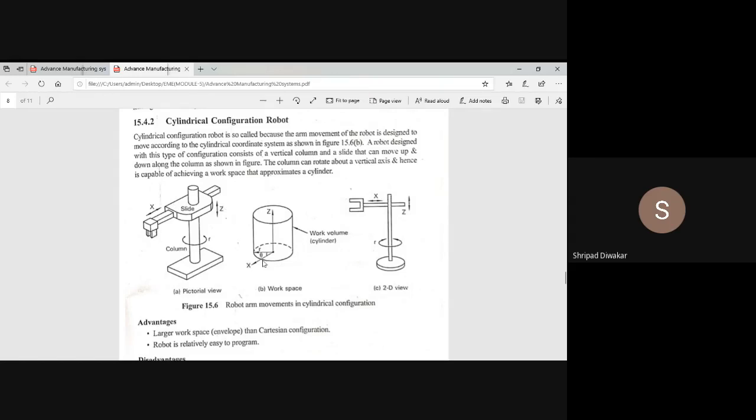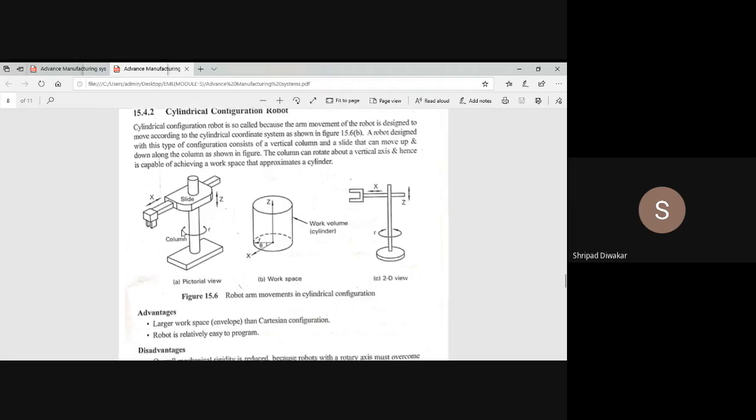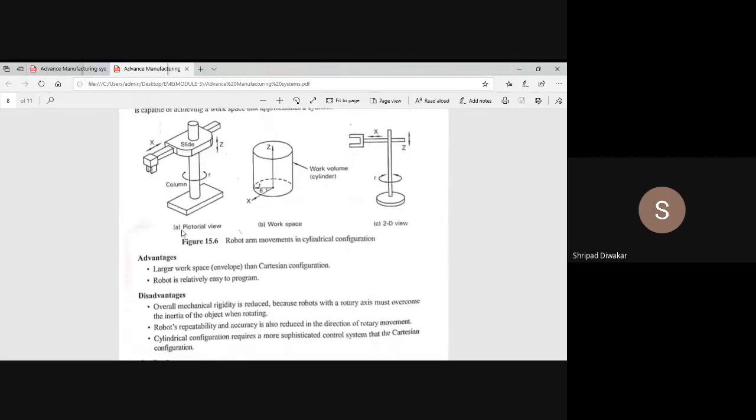Okay, so this is the cylindrical configuration. Okay, the vertical column can move up and down. So whatever slide, we can bring down, we can bring up, and also the column rotates about its vertical axis. That's why it is called cylindrical configuration robot. Next, advantages of this robot are, okay, it occupies a larger workspace.